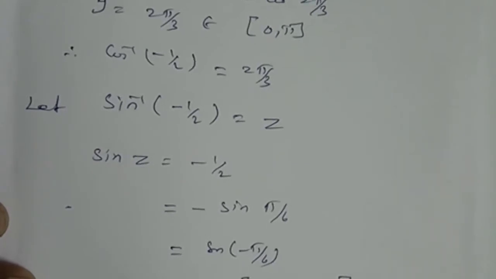The LCM is 12. Here 3 pi plus 8 pi minus 2 pi, this is equal to 9 pi by 12. This is equal to 3 pi by 4. The answer is 3 pi by 4.